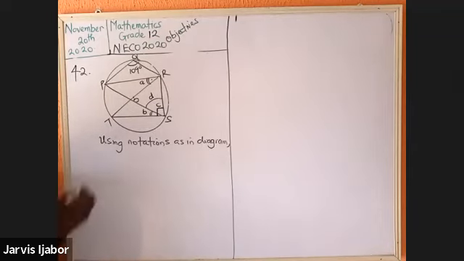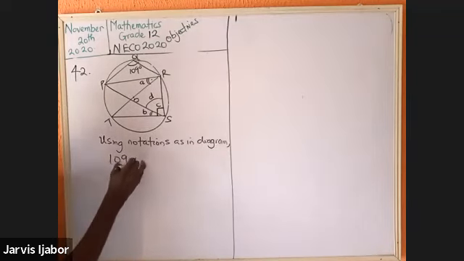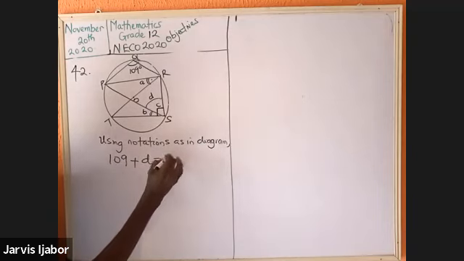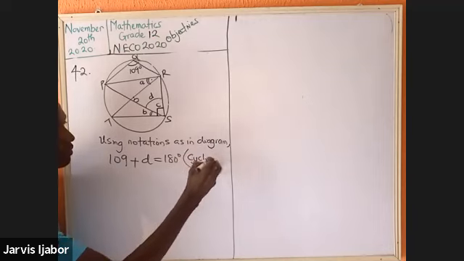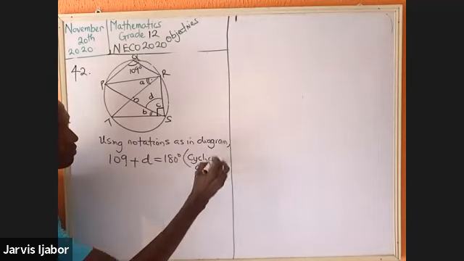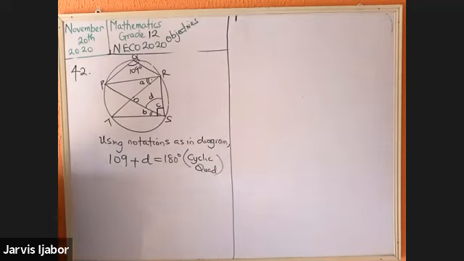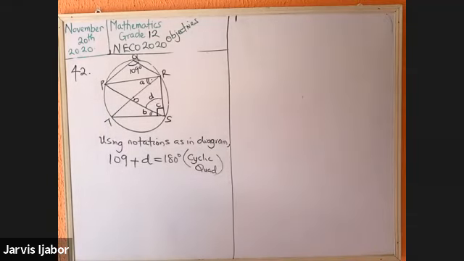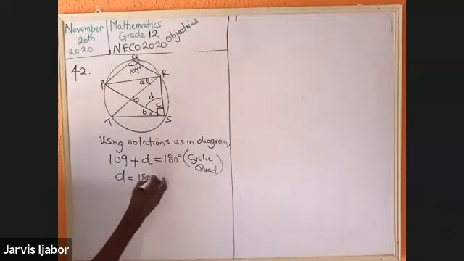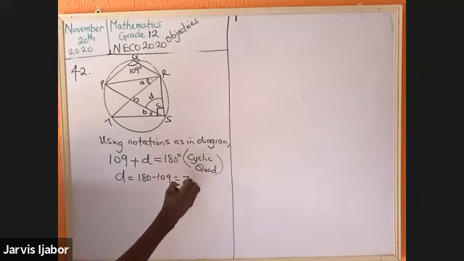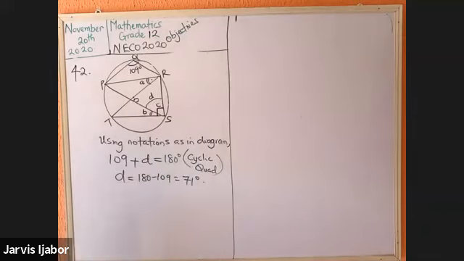You're going to observe that 109 plus D will be equal to 180 degrees. What's the reason for that? Cyclic quad. The opposite angles of cyclic quads are supplementary. So that means D will be equal to 180 minus 109, and that will be 71 degrees.